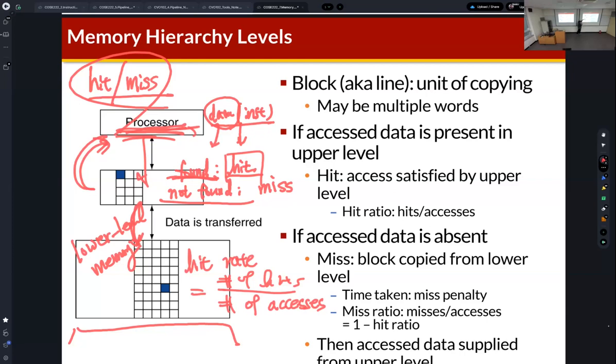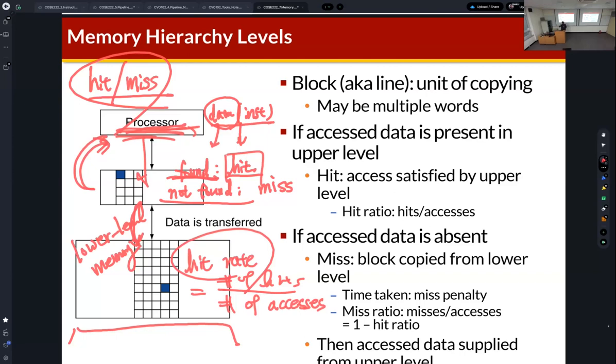So we can define the hit rate as the number of hits over the number of accesses. If the hit rate is high, it's a good case, which means more of the requested data is provided quickly by the higher level memory.